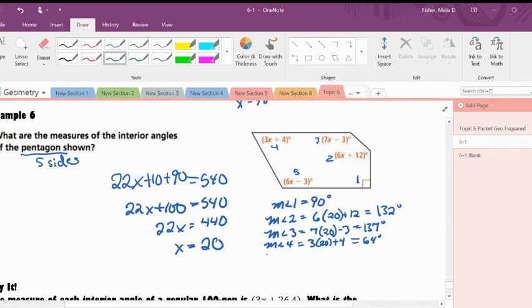And the measure of angle 5 is 6 times 20 minus 3. That makes that 117.